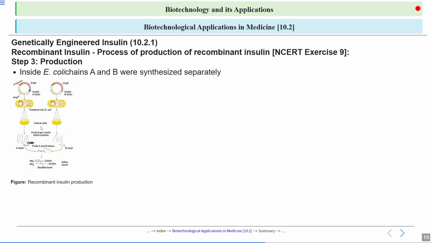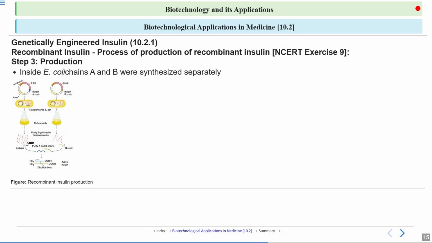After this culturing, we purify the beta galactosidase insulin fusion proteins, and then we take chains A and B, and there will be some steps for purification of chains A and B. Then they are joined using disulfide bonds, and there will be active insulin which can be used in healthcare, for treatment purposes.